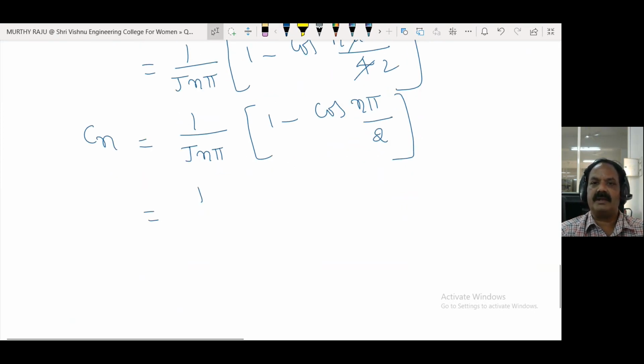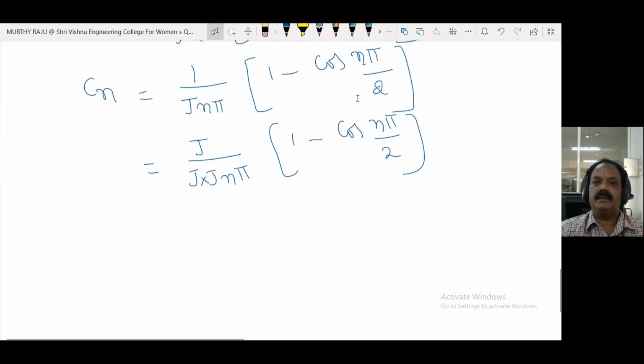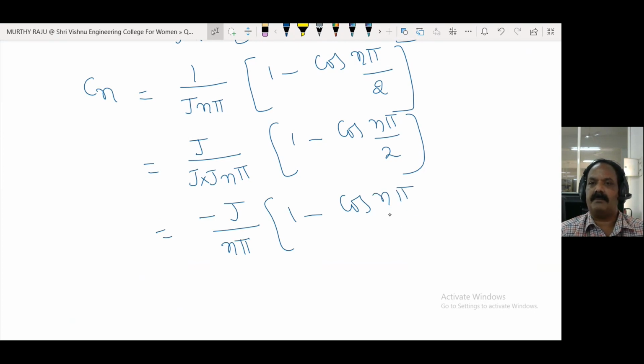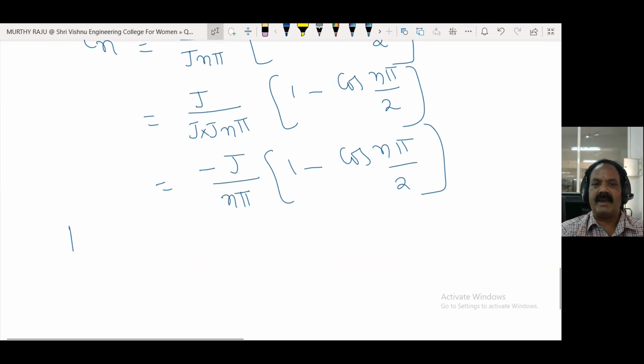Cn is equal to, numerator and denominator multiplied by j into j: here n pi 1 minus cos n pi by 2. Here j into j is j square, minus 1, that is minus j by n pi, 1 minus cos n pi by 2. Now calculate mod Cn, the magnitude of spectrum.